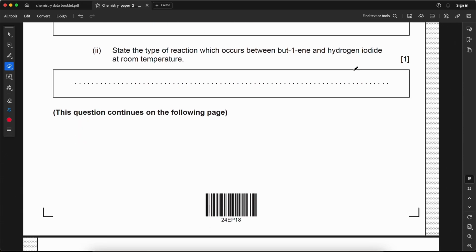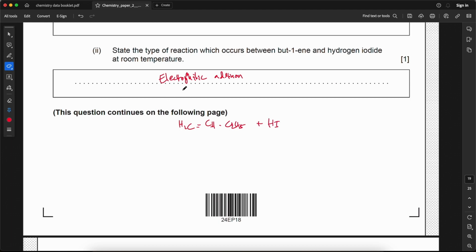State the type of reaction which occurs between but-1-ene and hydrogen iodide at room temperature. It's electrophilic addition, because but-1-ene, H2C=CHC2H5, plus HI.